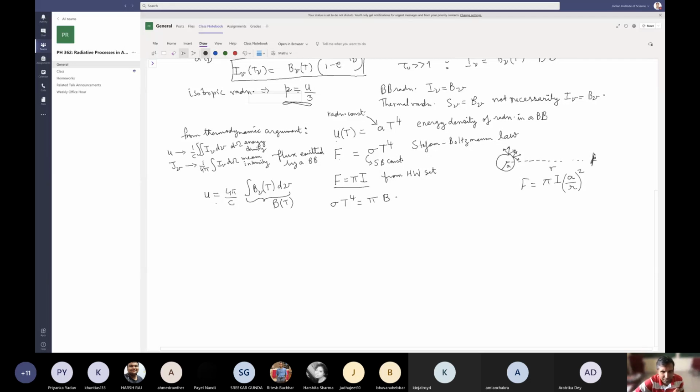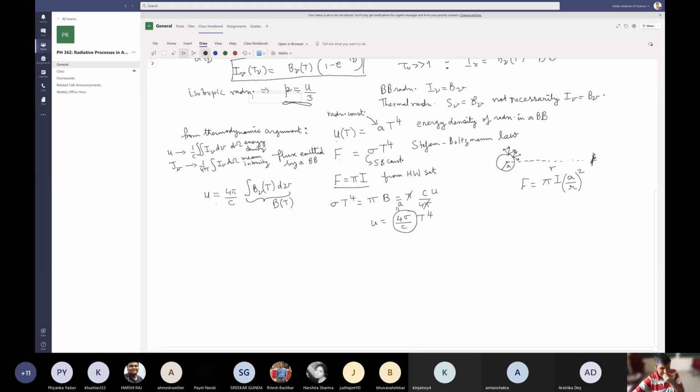And pi times B is nothing but cU by 4 pi. So basically, what it means is that U is equal to 4 sigma by c T to the 4, right? So you can actually see this is the radiation constant. So this is equal to A.